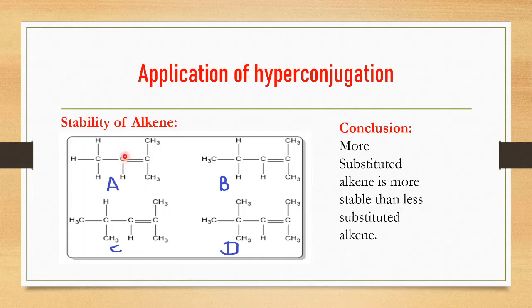If I look at this carbon, there is an adjacent carbon, and this carbon is having 3 hydrogen. But if I talk with reference to this other carbon, again adjacent there are 2 carbons and both are having hydrogen. So I can say there are 3 plus 3 plus 3, 9 hydrogen in this structure, which will give you the hyperconjugated structure. That is why this will be the stable type of alkene.